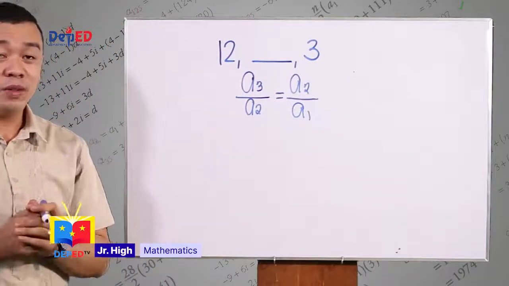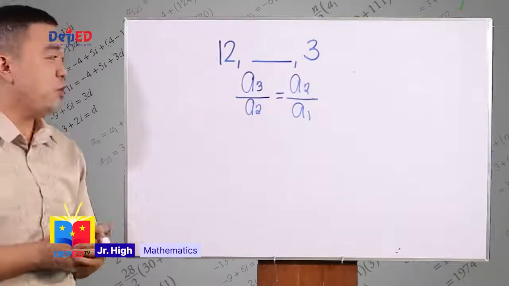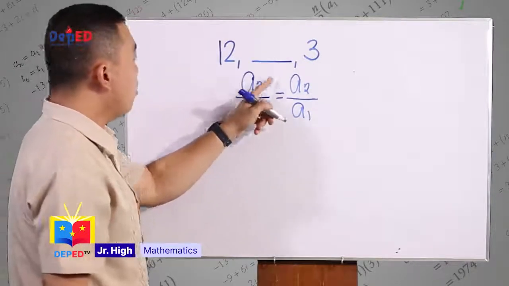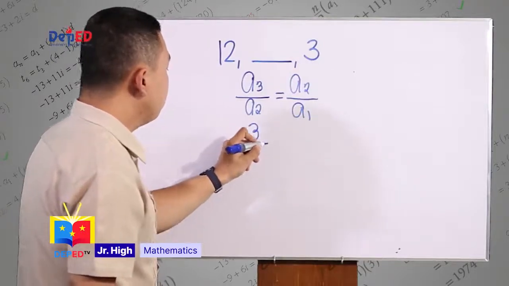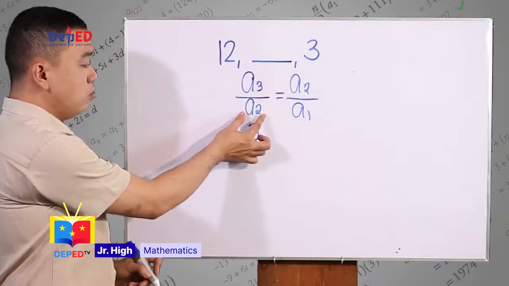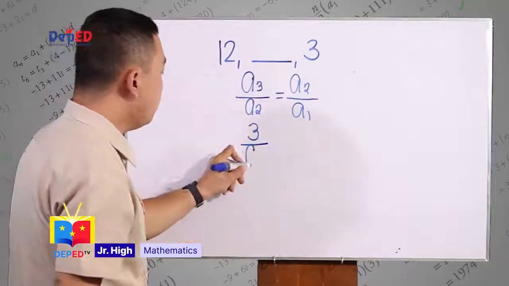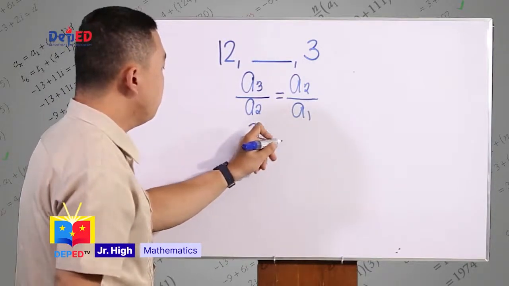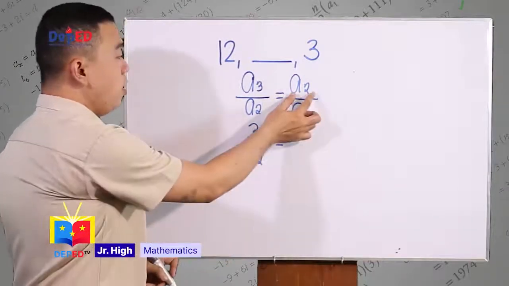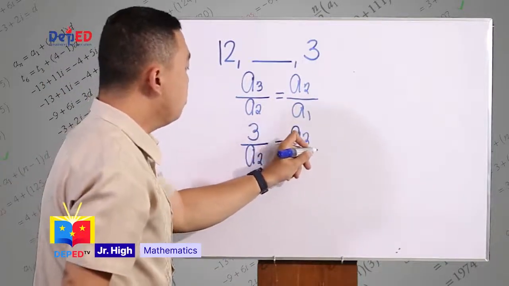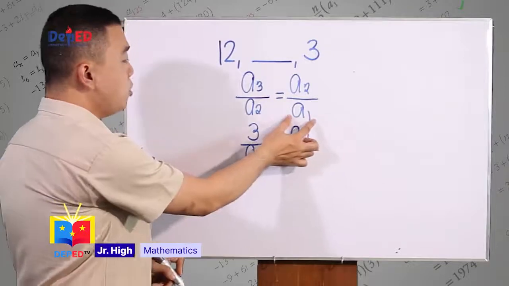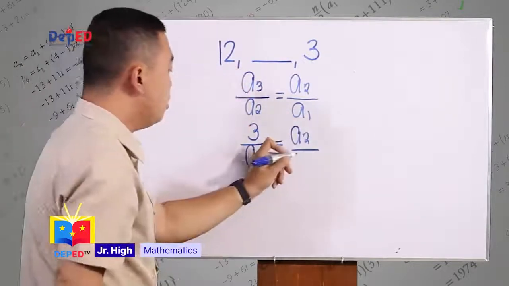Now, let's replace it with the given values. For a sub 3, or the third term, we have 3 over, or divided by the second term, which is a sub 2, is equal to, a sub 2 is still unknown, so we'll just write a sub 2 divided by the first term, a sub 1, which is 12.